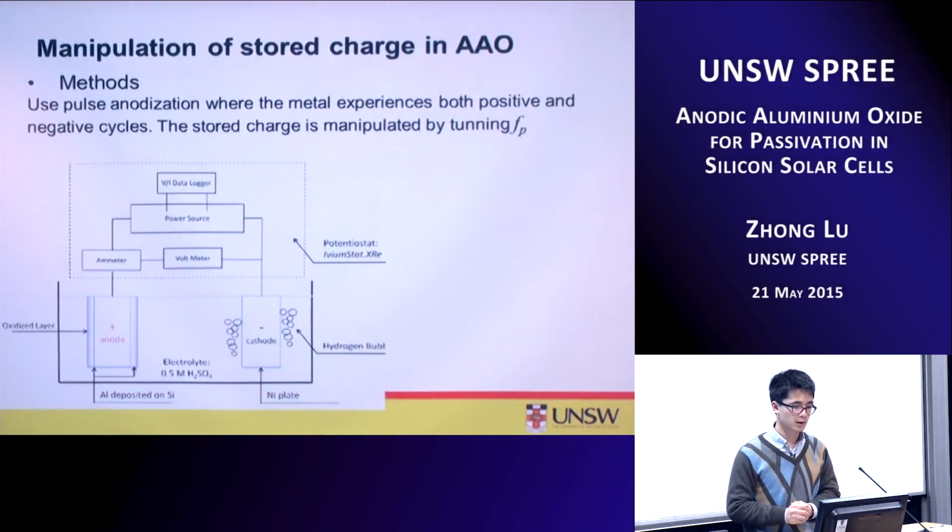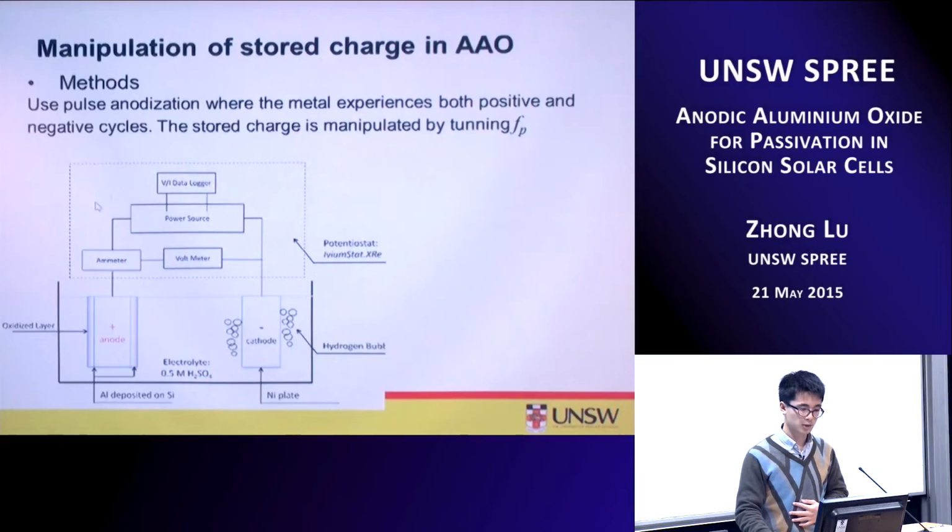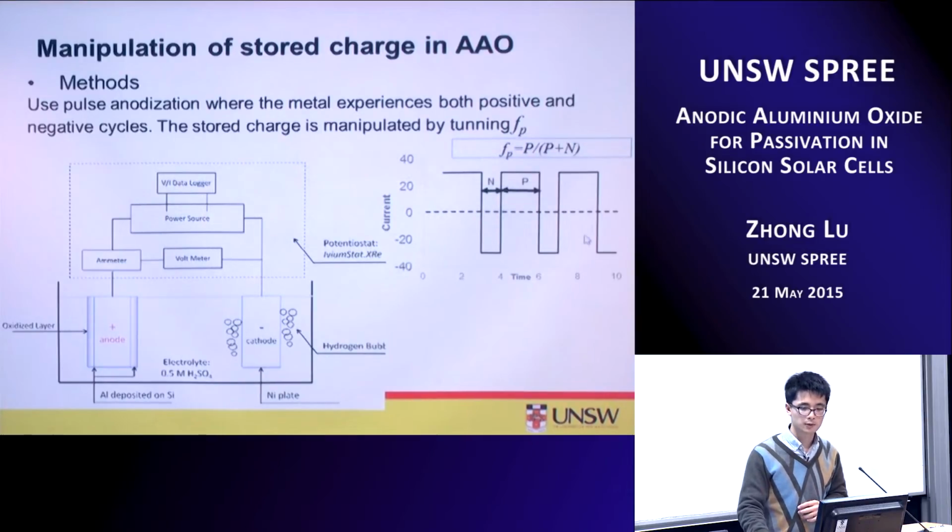This is the setup that I used to grow the anodic aluminium oxide. It's quite typical. The only difference is this unit, which is a potentiostat. It has a function to generate a programmable current waveform. For example, this is the one that I used. I use pulse anodization to grow the AO.